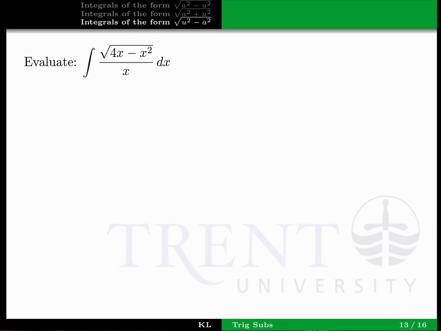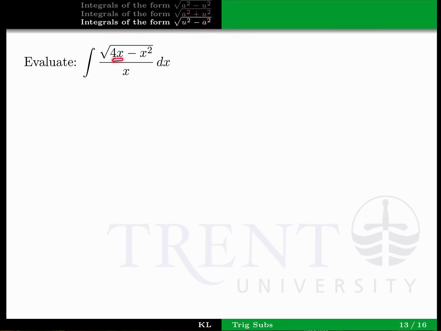Next item. We want to integrate square root of 4x minus x squared over x dx. Now look at this. Our form is constant squared minus function squared, or function squared minus constant squared, or constant squared plus function squared.